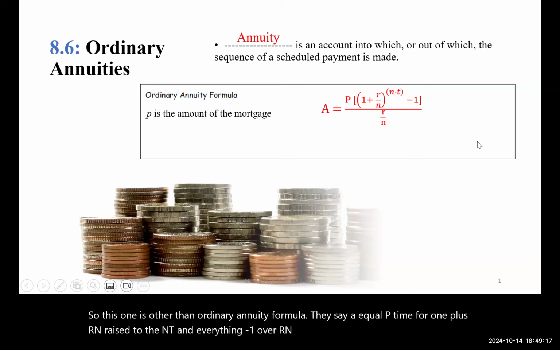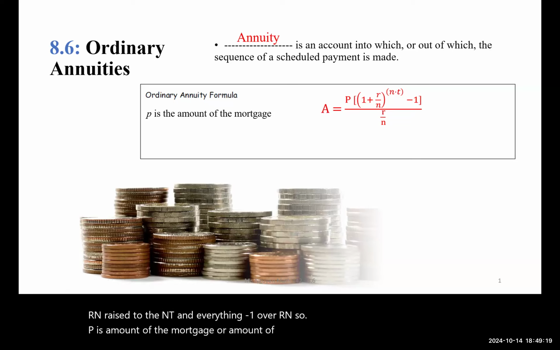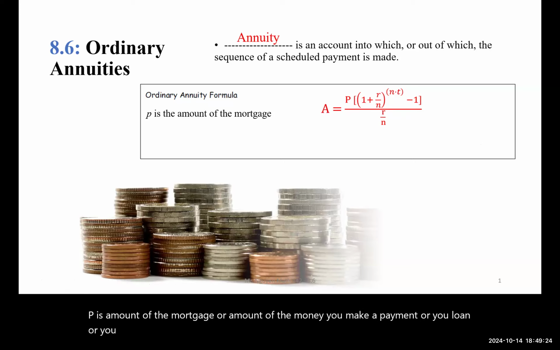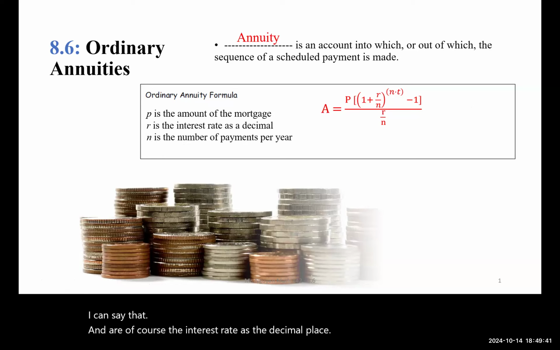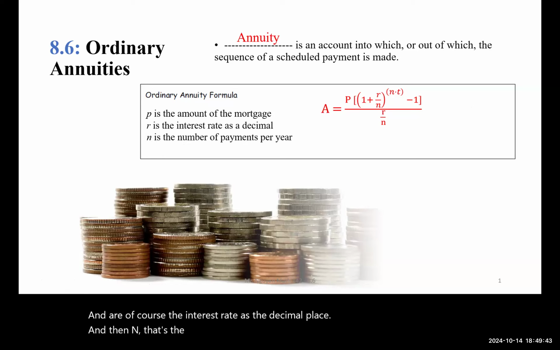P is the amount of the money you put in each payment, or like the amount of the principal. R, of course, is the interest rate as a decimal. N is the number of payments per year. And T is the time in years.